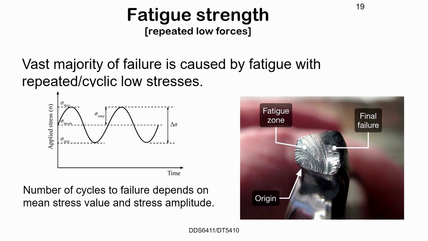So if you are designing for an anterior restoration compared to a posterior, which experience mostly compressive stresses, or if you compare a cantilever bridge with a single implant, the cantilever bridge would experience tensile stresses more than compressive stresses.